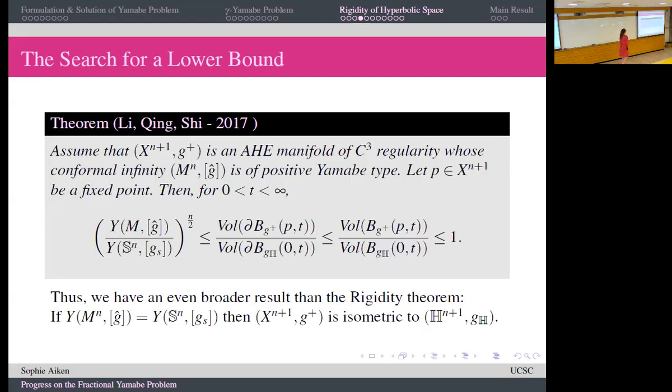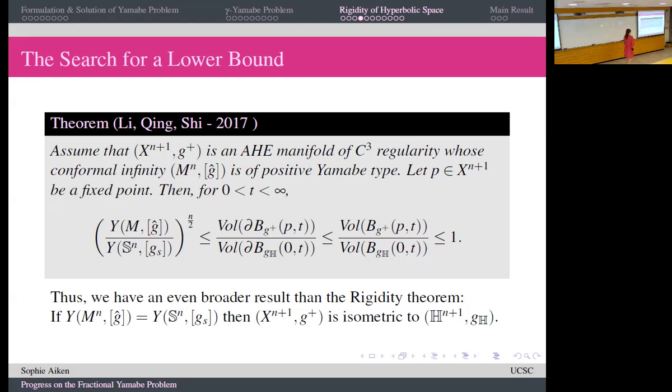Okay. And so that's the form of steps that Liching and Xi followed to show that you can get a lower bound as a quotient of your Yamabe constants. And this, I think, is really interesting on its own, because you're saying information about the interior of your manifold only using information about the boundary.